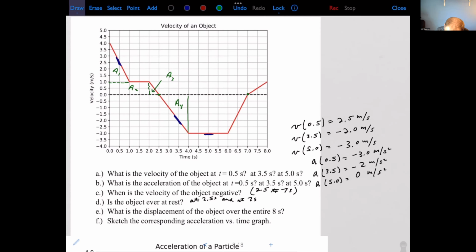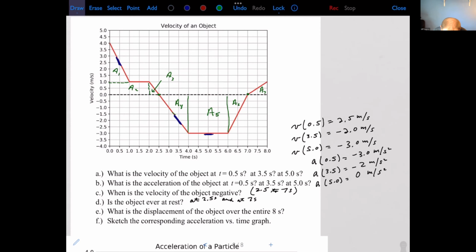But remember, A4 is going to be a negative displacement. I have to take that into account because the velocity is negative now. Then I'll make a little rectangle here. This will be A5, another little triangle, A6, and a little triangle, A7. Okay, so let me calculate each of these, and then we'll just add them all up.